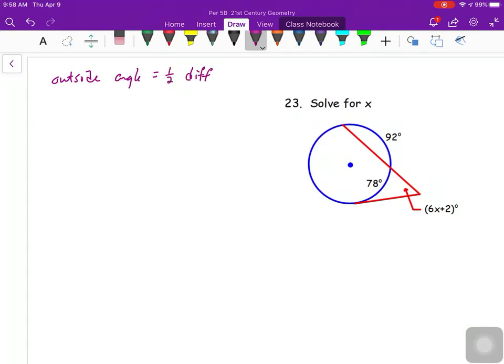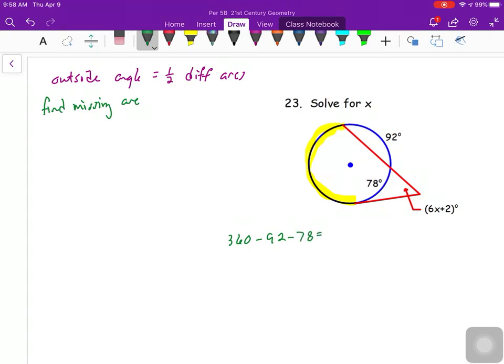Okay, let's try another. This one's an outside angle. It's equal to 1/2 the difference of the arcs. First thing we have to do is find the missing arc.